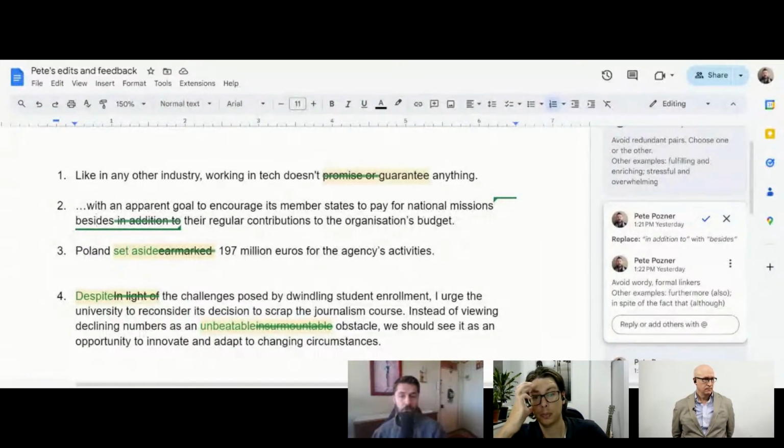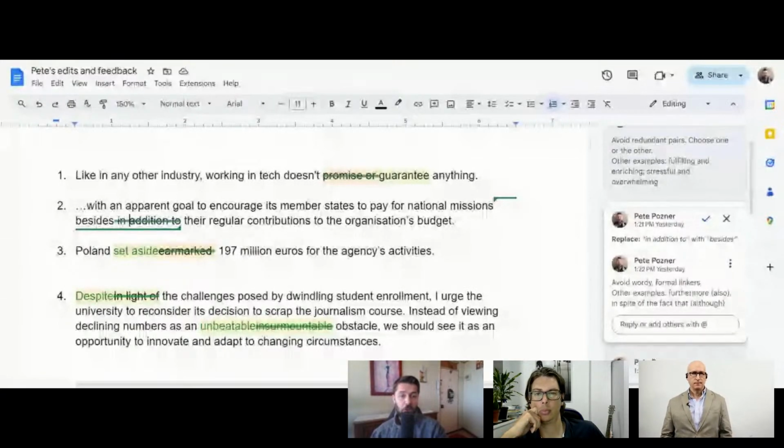So there are quite a lot of linkers that are more formal and usually the long ones. Often if you're writing for a broad audience, they just take up space. They can make your writing drag a little bit, make it sound too formal.